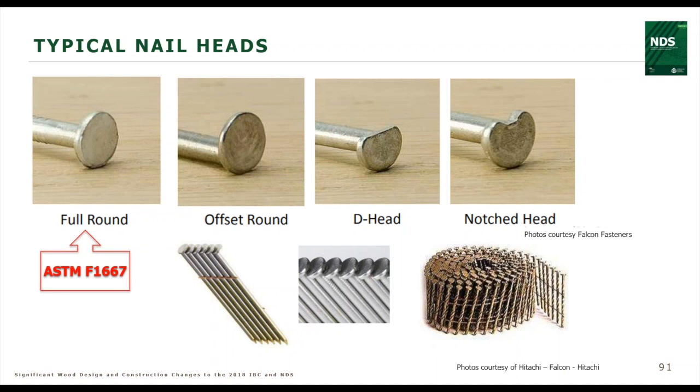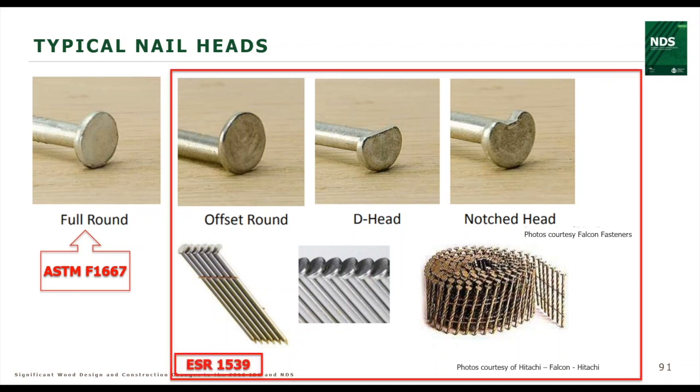If you have another type of nail head, and there's a few different types, I'm sure you could find dozens of different shaped heads if you looked really hard. But the different shaped heads you'd need to find either in an evaluation service report, or you'd need the manufacturer to provide some sort of acceptable literature that shows these design values.